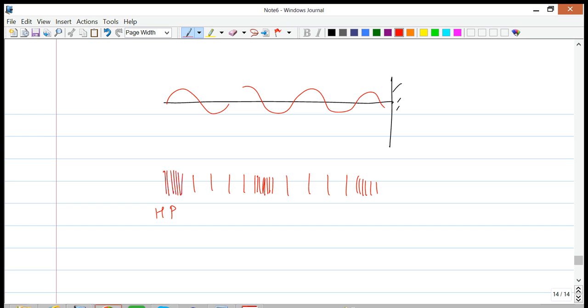Now, I've drawn these two different waves for a reason. If you look at the waves in the string, the particles in the string move in a direction perpendicular to the direction of the wave, and we call such waves transverse waves.